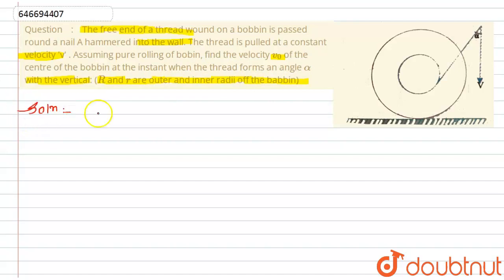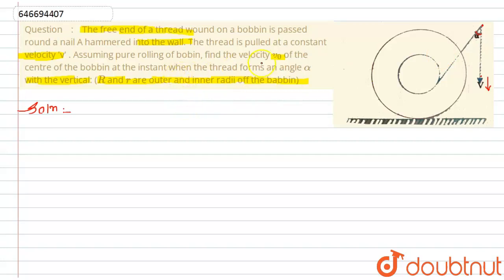As per the question, a thread is wound on a bobbin, and it is tied up to a point which is fixed into the wall by the hammer. You can see that this thread passes over that point. One end of this thread is pulled with the velocity of v in this direction, while the thread is making an angle of alpha with the vertical.